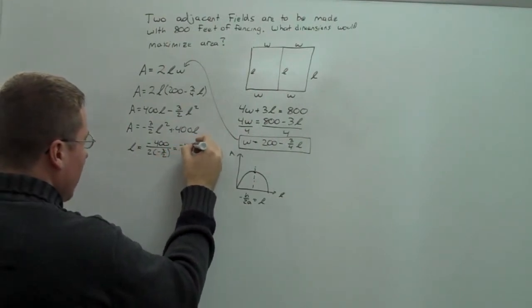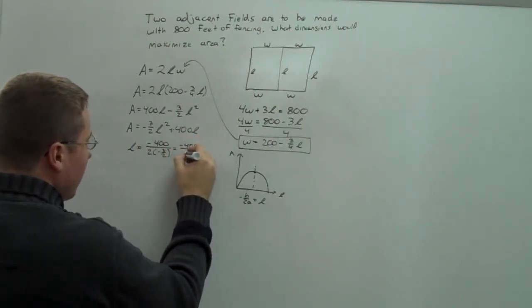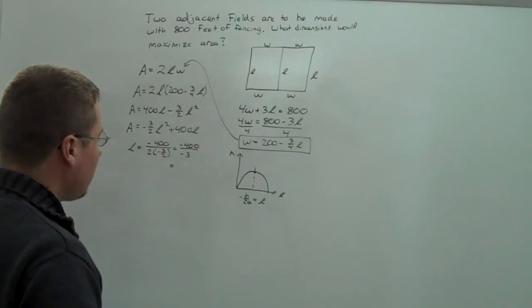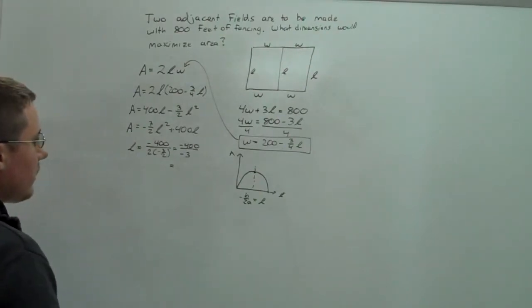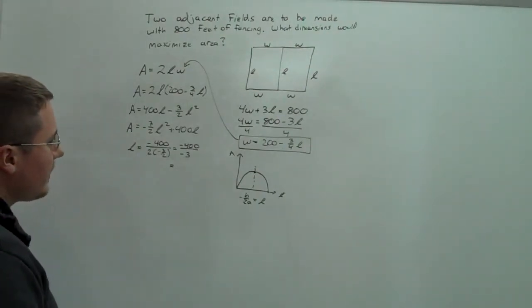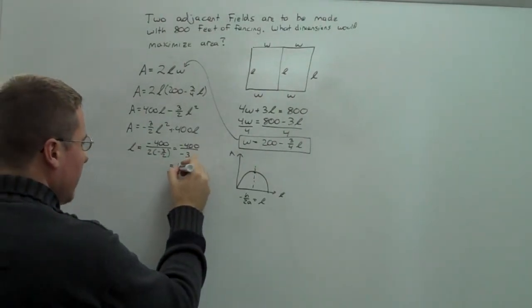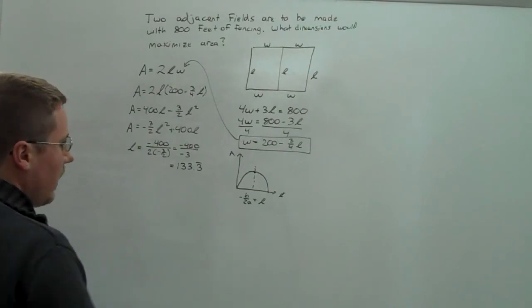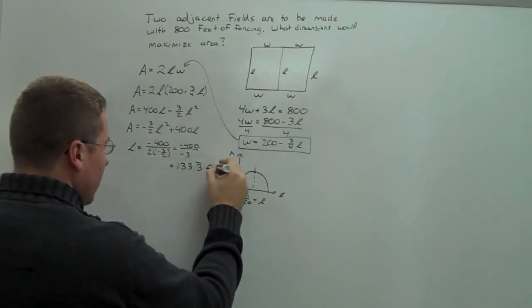So that equals negative 400 over negative 3, which is equal to, well, let's just leave it as 400 thirds, or 133.3 repeating. And that would be feet.